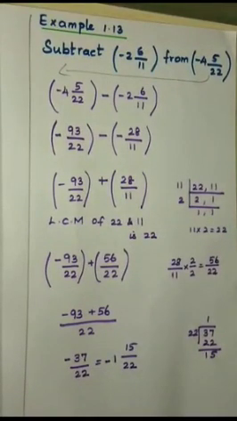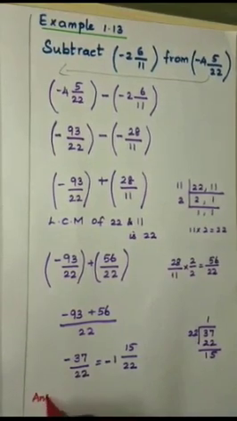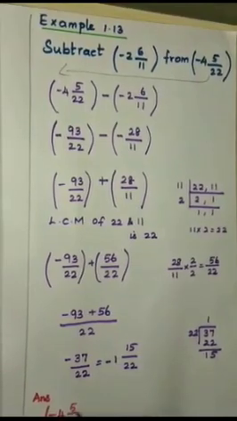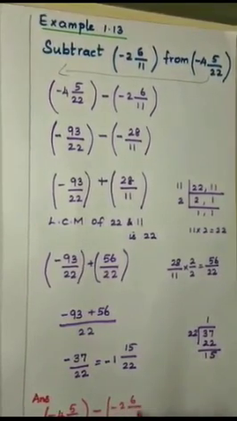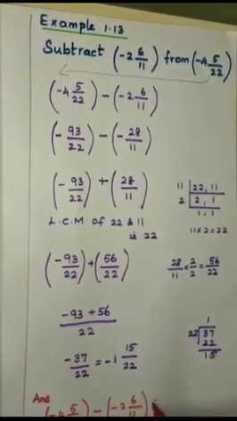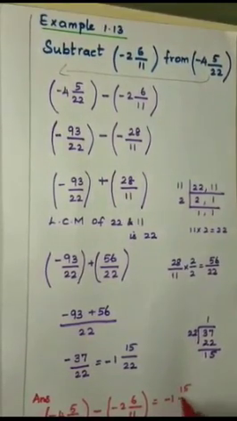Write the answer. Answer: minus 4, 5 by 22 minus minus 2, 6 by 11 equal to minus 1, 15 by 22.